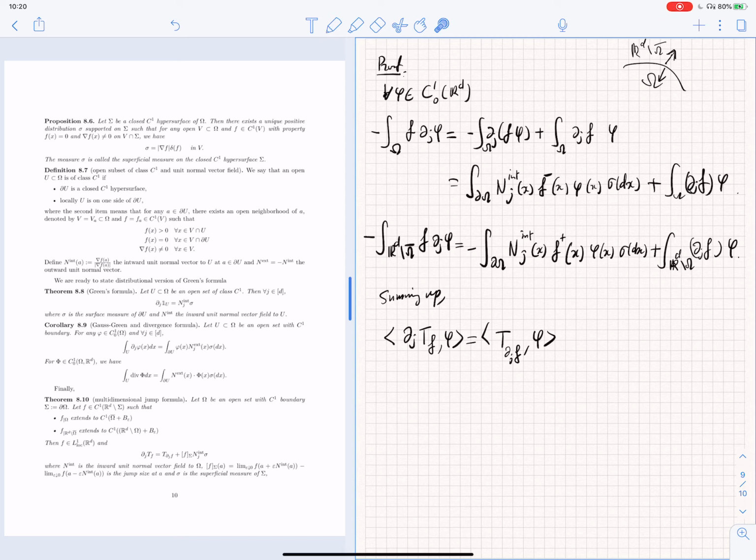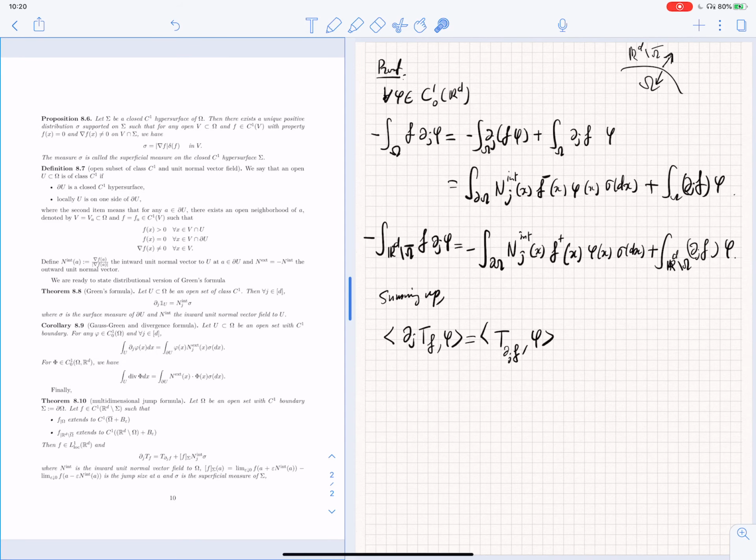We're going to have this guy minus this guy, which is the opposite of what we have in the theorem, because we actually have f plus minus f minus.